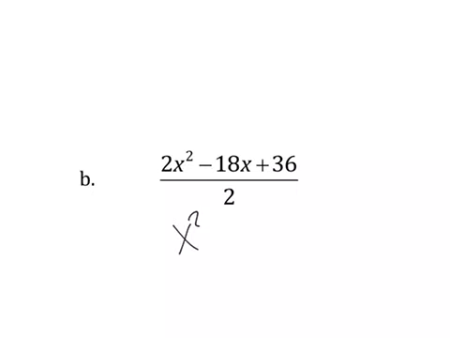Then I'm going to take this negative 18 divided by 2. That's going to be a negative 9. The x comes with it because there's no x on the bottom. Now it's time to do the 36 divided by 2. That's just going to be a positive 18. So my final answer there will be x squared minus 9x plus 18.